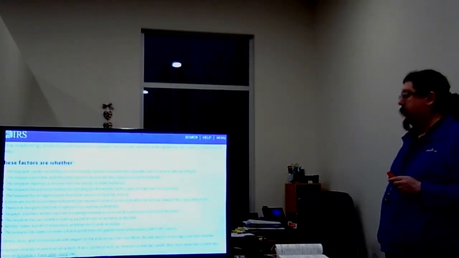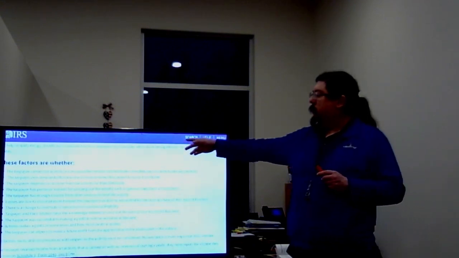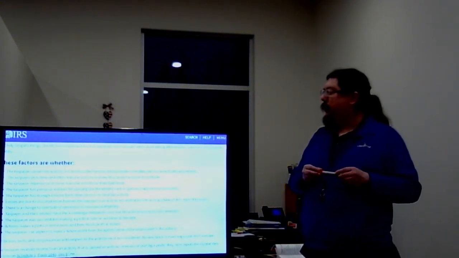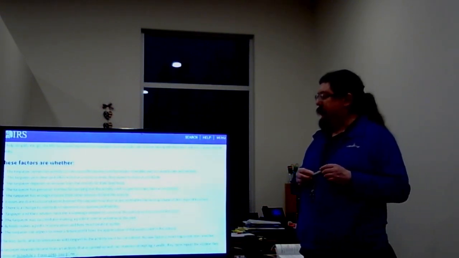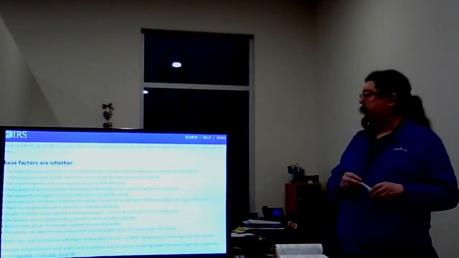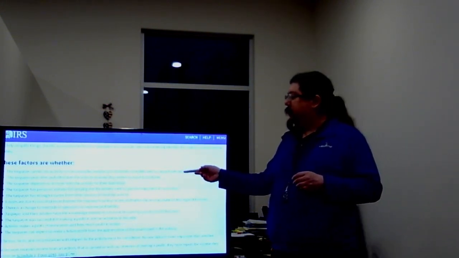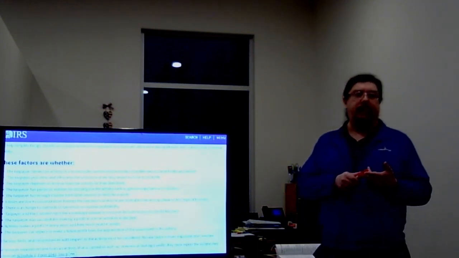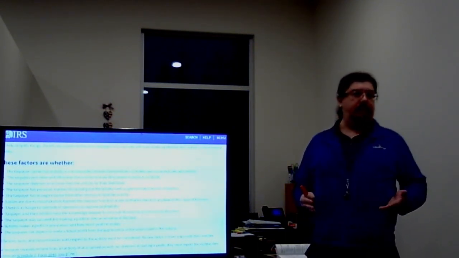Okay. So some of these factors, the website actually lies and says the IRS has established these factors. Actually, these factors were established by courts. The IRS is trying to take ownership of that. So first factor is whether you carry out your activity in a business-like manner and you're maintaining complete and accurate books.